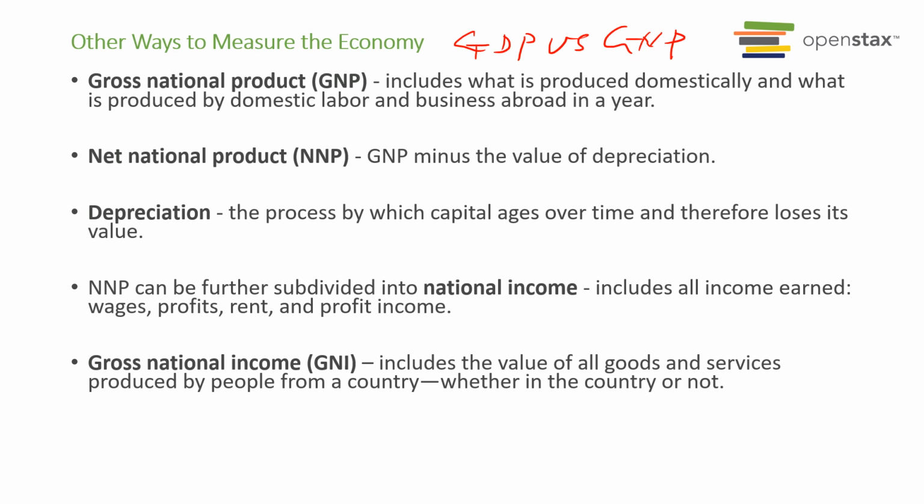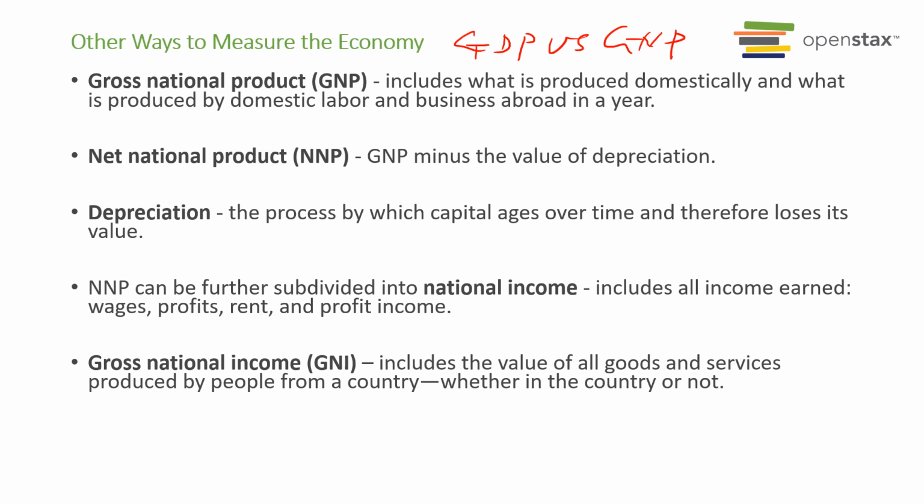Let's suppose Toyota made a new truck in Texas. That truck is made in America, so therefore it's in our GDP, because it's made in America regardless of who produced it. GNP is about who made that truck, regardless of where it's being produced.